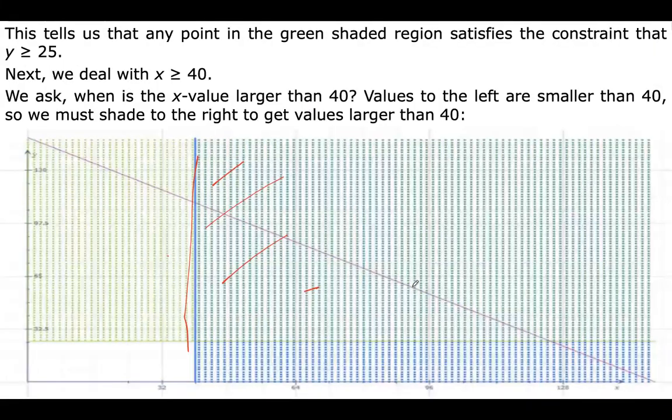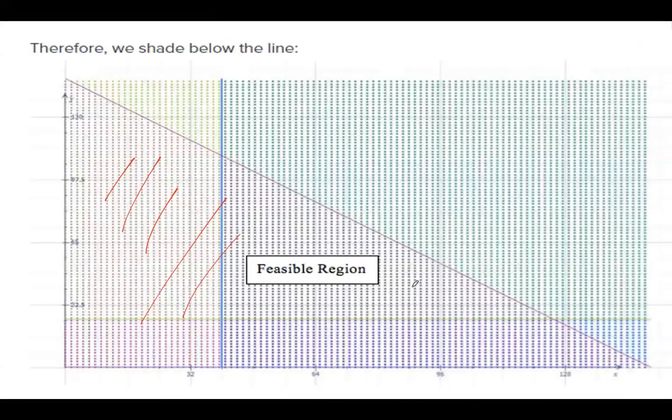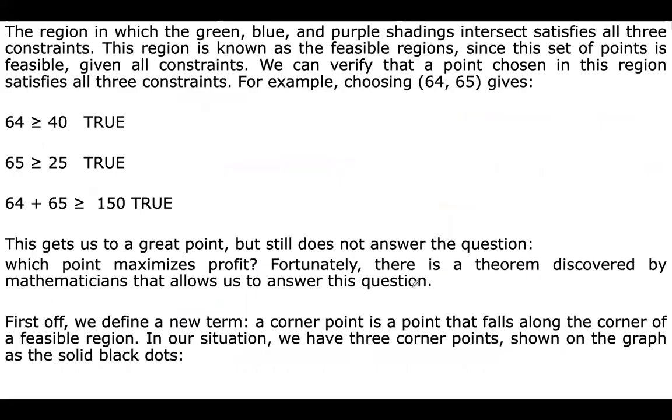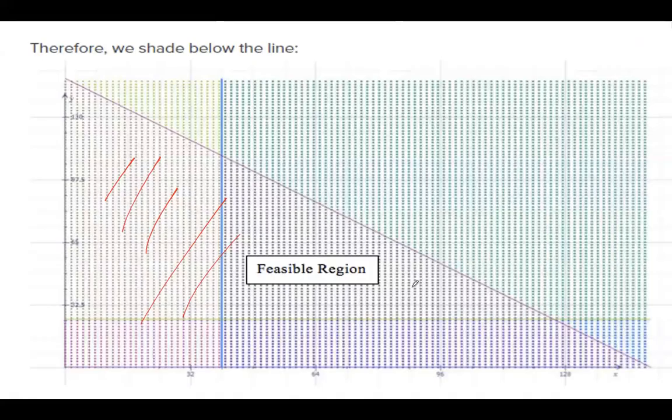Now we can see we have plotted all three constraint equations, and we have seen the area as well. What is our feasible area? If we want to give a check, all the points lying in this particular area, which is common to all the constraint equations, is the feasible area, right?